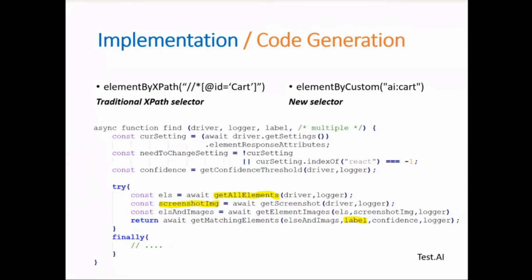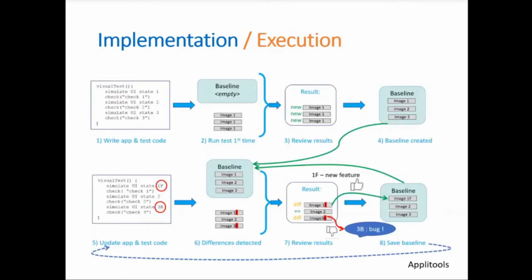If we are searching for a cart item, they try to find it visually. In this way, we do not have to worry about fragile tests anymore, because even if the locators of the elements change, our code will still work properly.